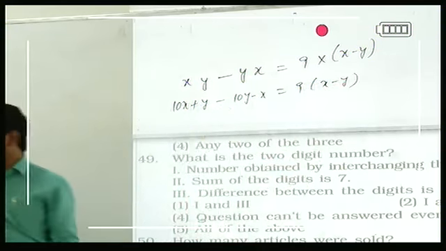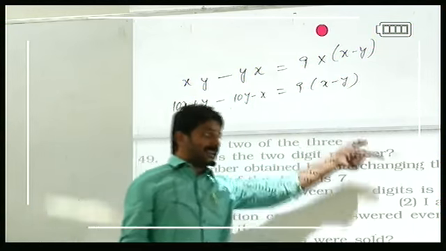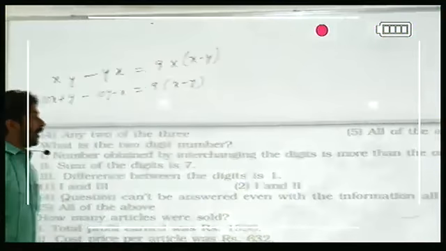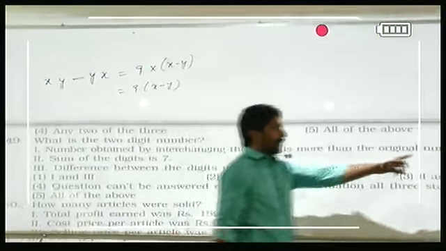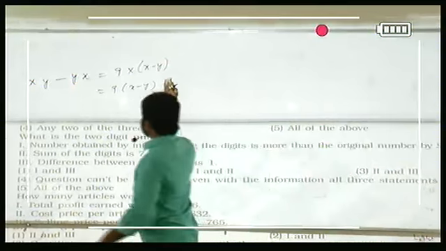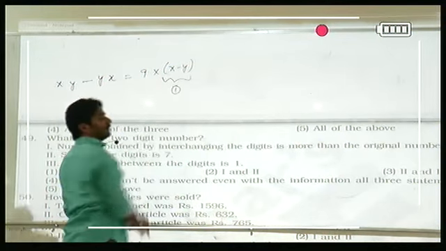So in this, you are given that the number obtained by interchanging the digits is more than the original number by 9. How many 9s are there? 9 multiple of what? 1, right? So x minus y is equal to 1.